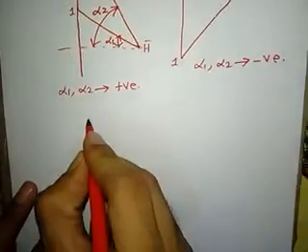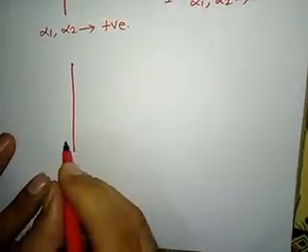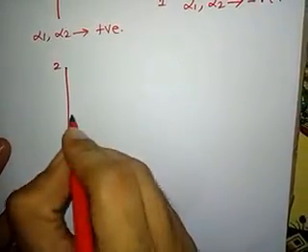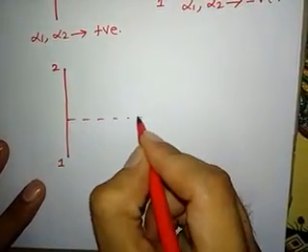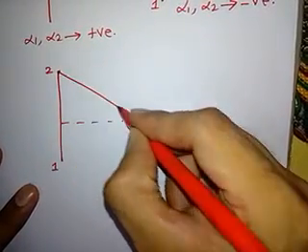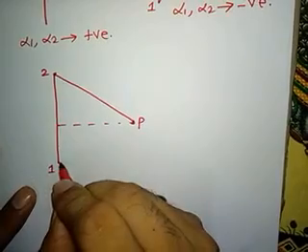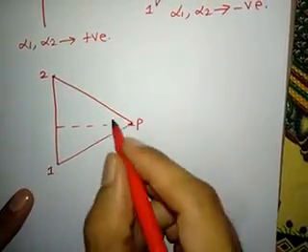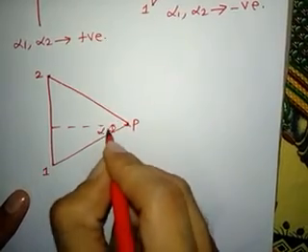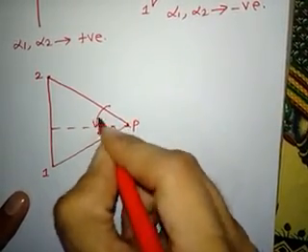Now coming to the third case. This is our conductor, this is our point 1, then end 2, and here we are finding the magnetic field intensity at the point P. This is where I am joining the ends of the conductor to the point where we are finding the magnetic field intensity. This is alpha 1, this is alpha 2.